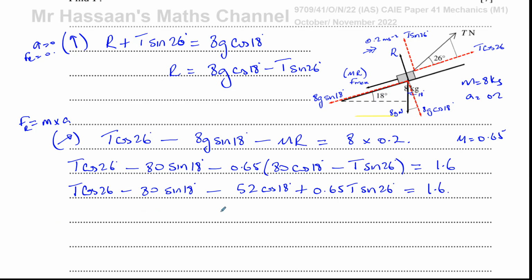So now what I'm going to do is gather the t terms on one side and all the other terms on the other side. So here I have t times, and then I'll take these together and factorize the t out. So I have t times cosine of 26 plus 0.65 times the sine of 26. So these two terms I've combined, taking out the t as common, and the rest of them I'm going to add to both sides to get rid of them. So I have 1.6 plus 80 times the sine of 18, and also plus 52 times the cosine of 18.